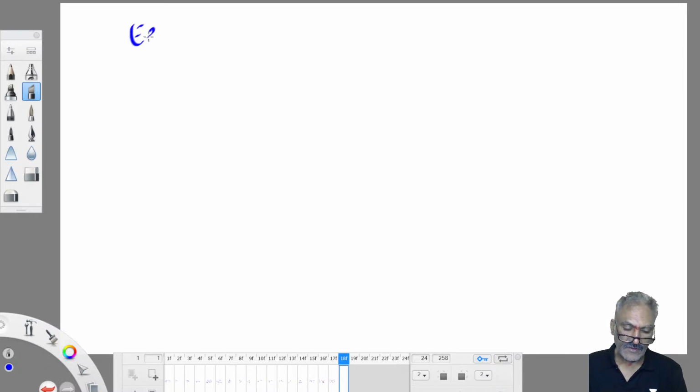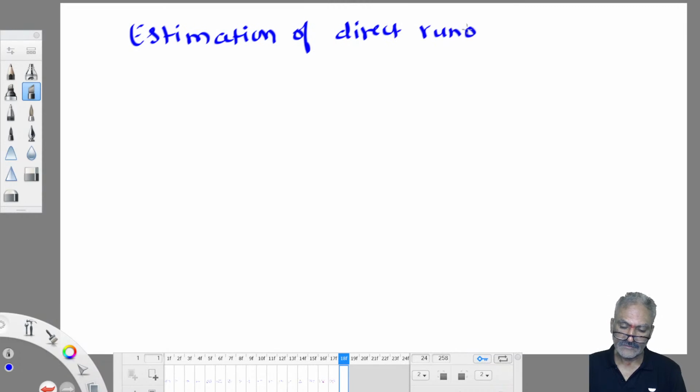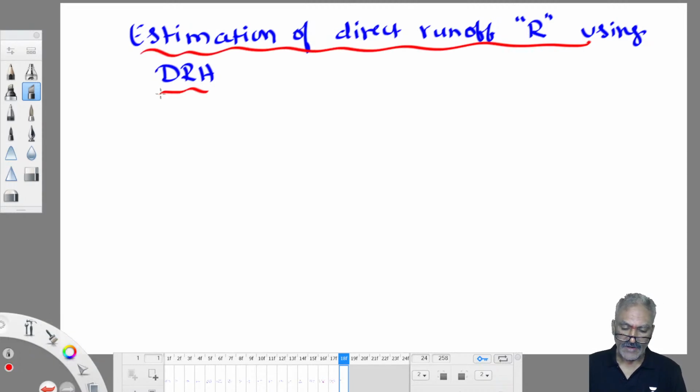So, estimation of direct runoff. Our objective is what? Finding direct runoff only, using the direct runoff hydrograph. Once you arrive at the direct runoff hydrograph, then you can find the runoff resulting from a storm.